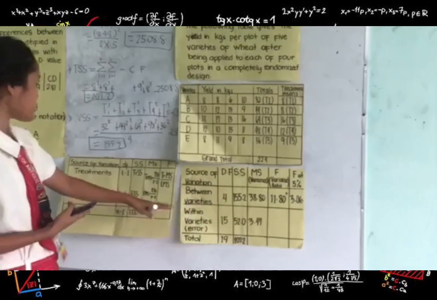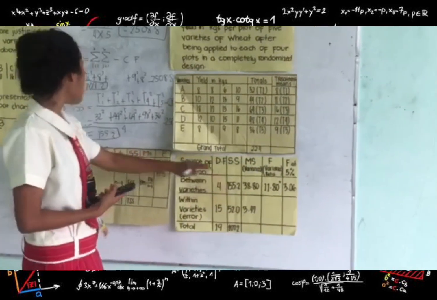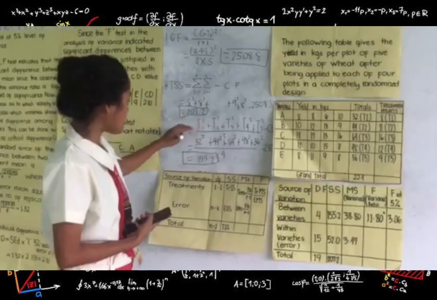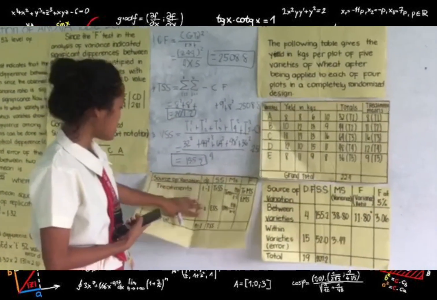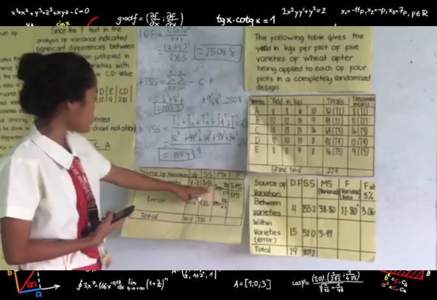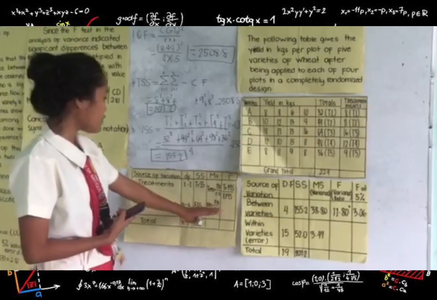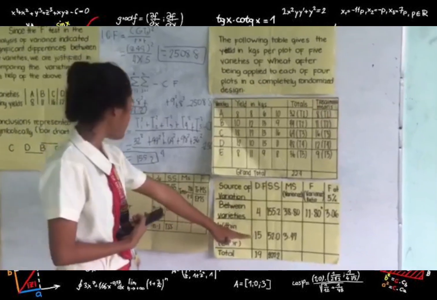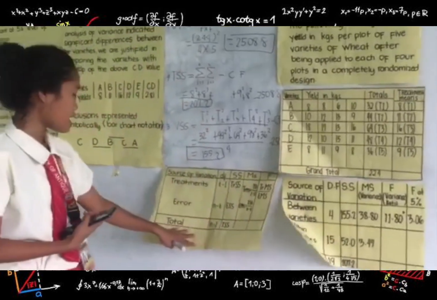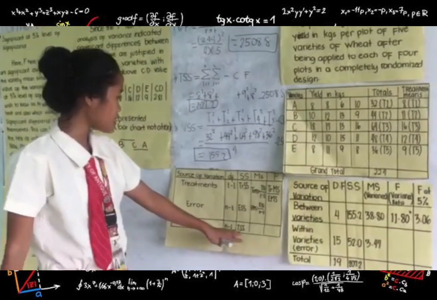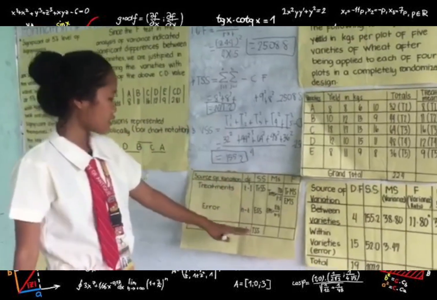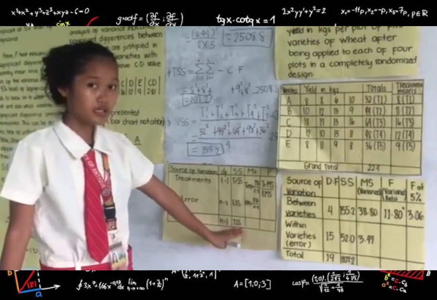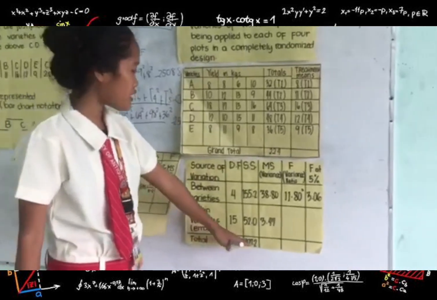For the sum of squares, for error we have our ESS, which is 52. And for the total, our TSS, which is 207.